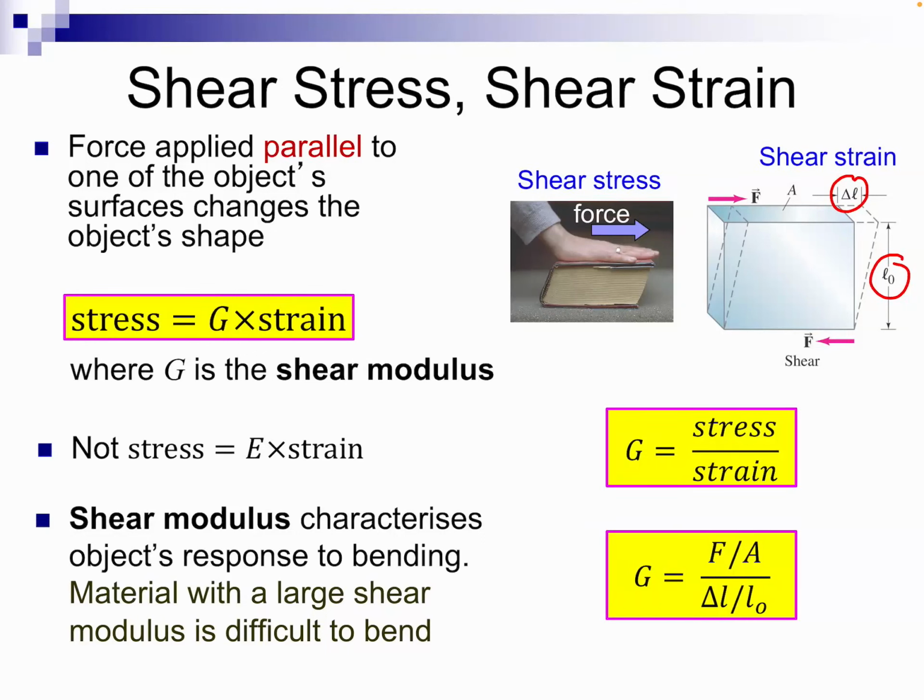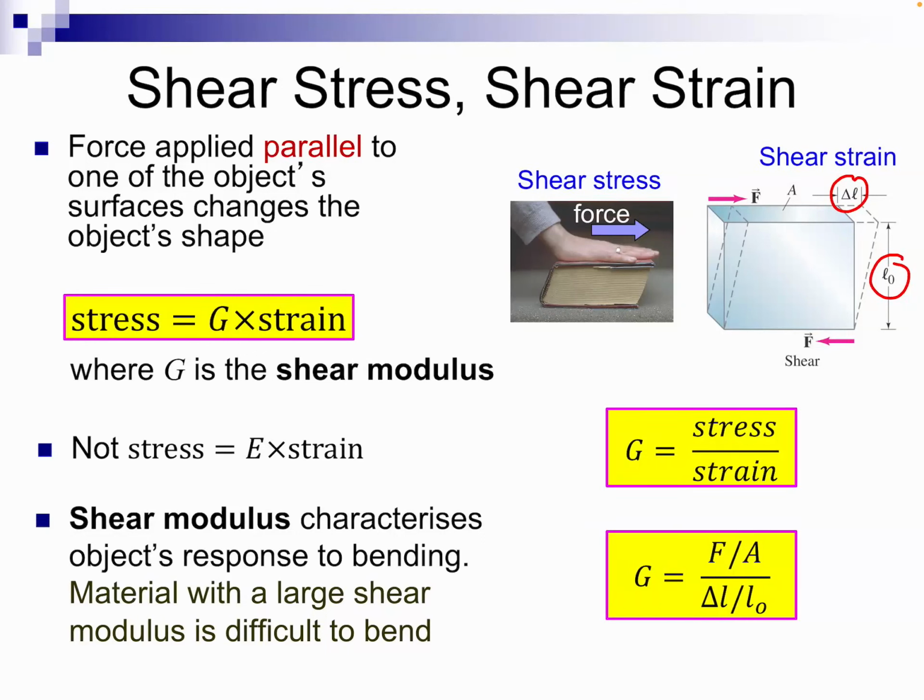But instead of the Young's modulus, we use what we call the shear modulus to distinguish the compressive and tensile stress from the shear stress applied on the object. The shear modulus characterizes the object's response to bending that will change the object's shape.